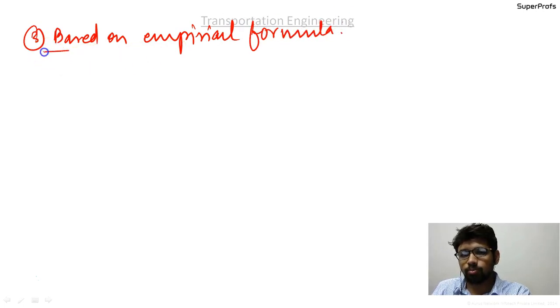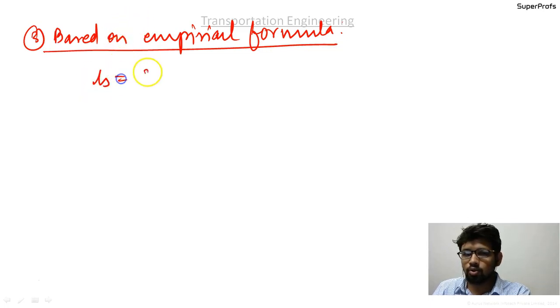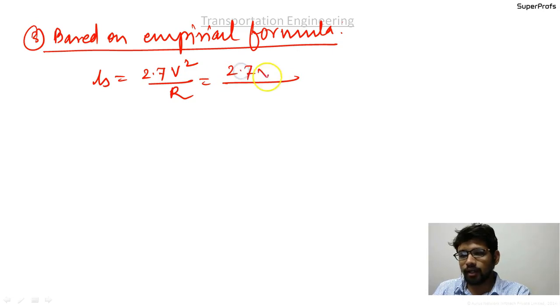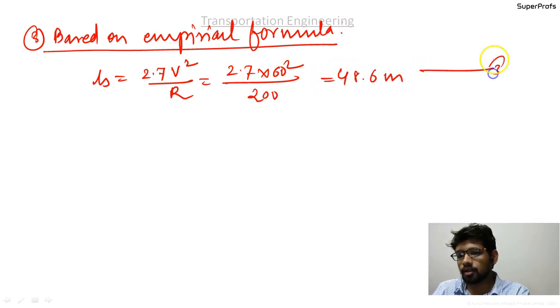So for plain and rolling terrain, the length of transition curve is 2.7 capital V square by R, which stands for 2.7 into 60 square by 200, which is equal to 48.6 meters. This is the third.